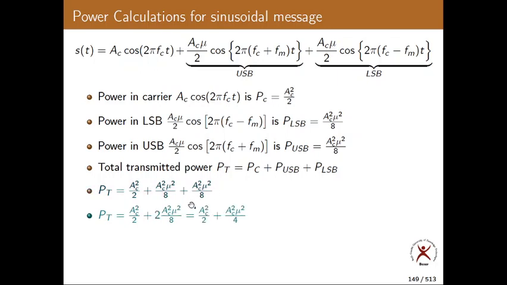So if you calculate this, you will get like this. Finally, this is what your total transmitted power is, that is Ac square by 2 times (1 plus mu square by 2). But what is Ac square by 2?